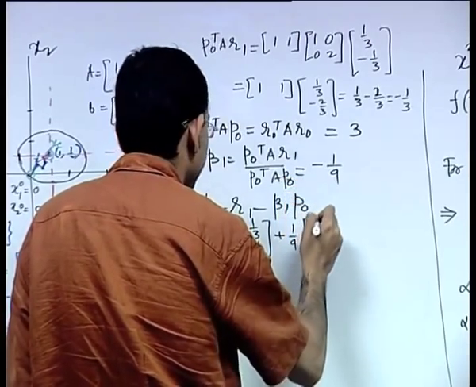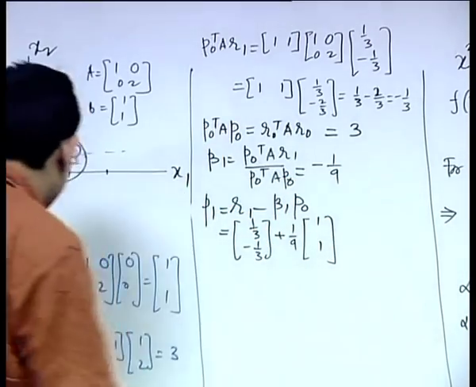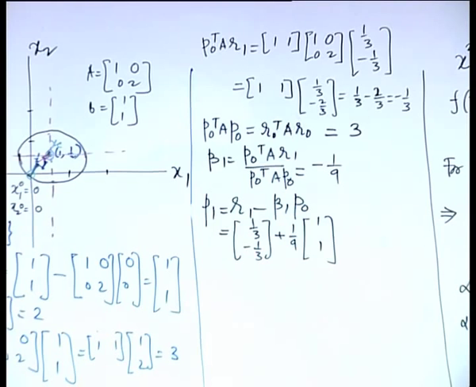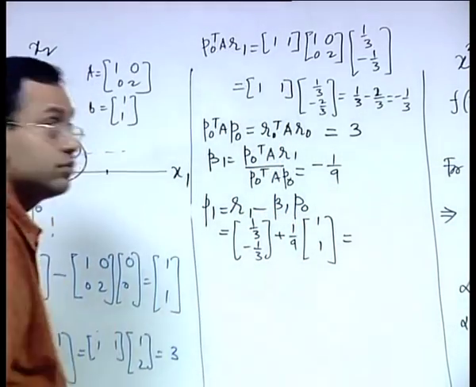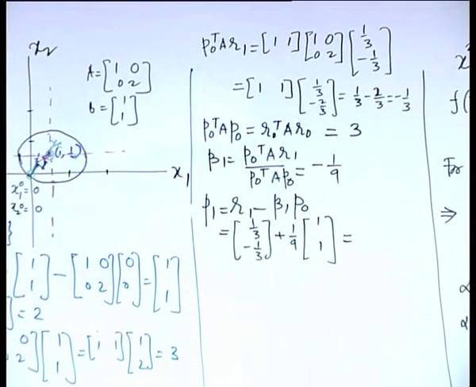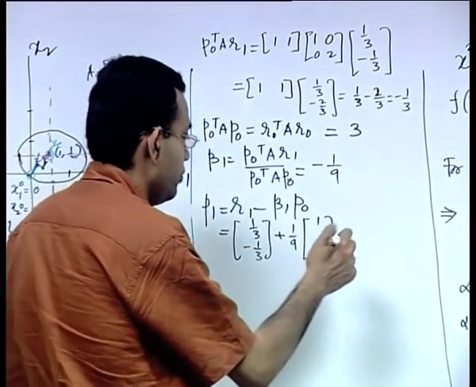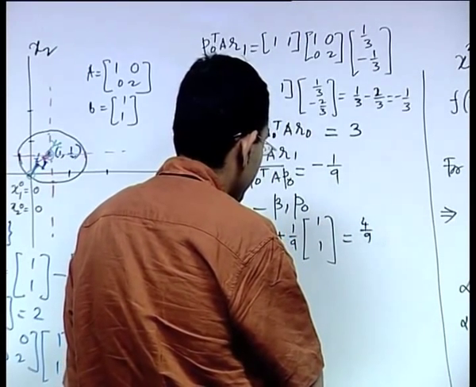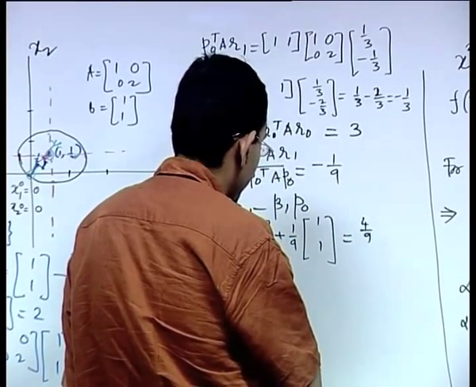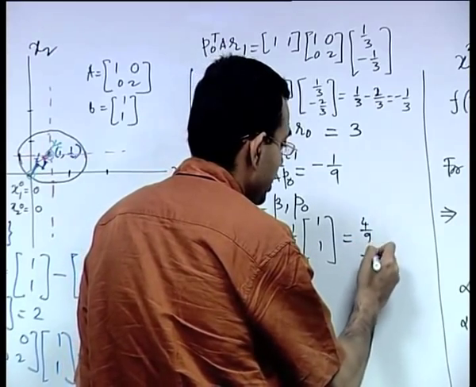P0 is same as R0, that is 1, 1. So this becomes 1/3 plus 1 by 9, so 3 plus 1, 4 by 9, and minus 1/3 plus 1 by 9, so minus 3 plus 1, minus 2 by 9.